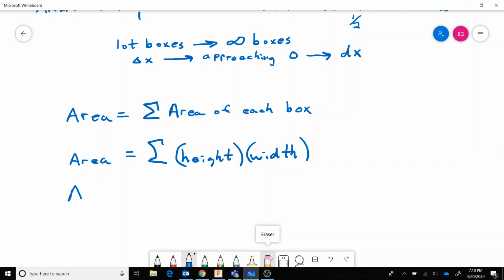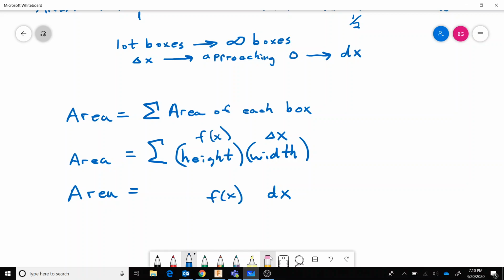Okay, but if I move over to calculus, the width, which used to be delta x, has become so thin, we now call it dx. And if you guys remember the height, wasn't the height actually whatever the function was at that particular value? So our height is still going to be f of x.